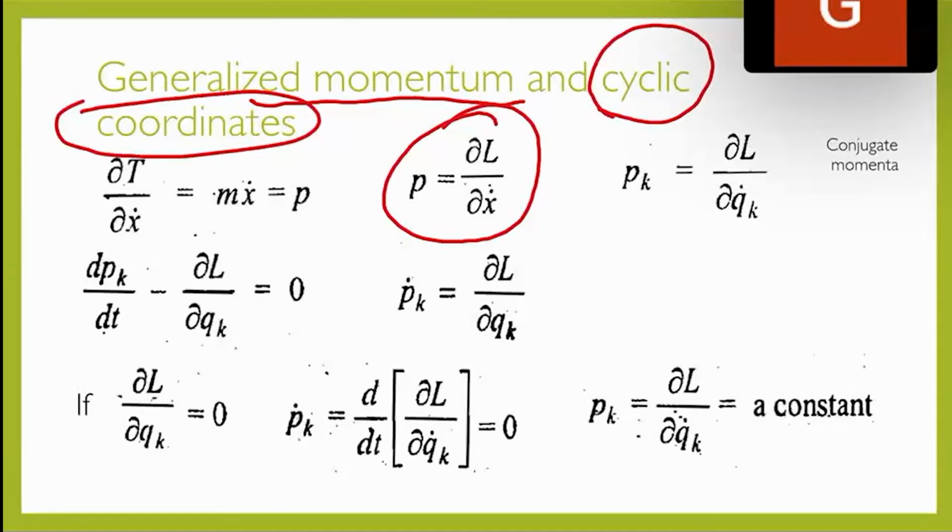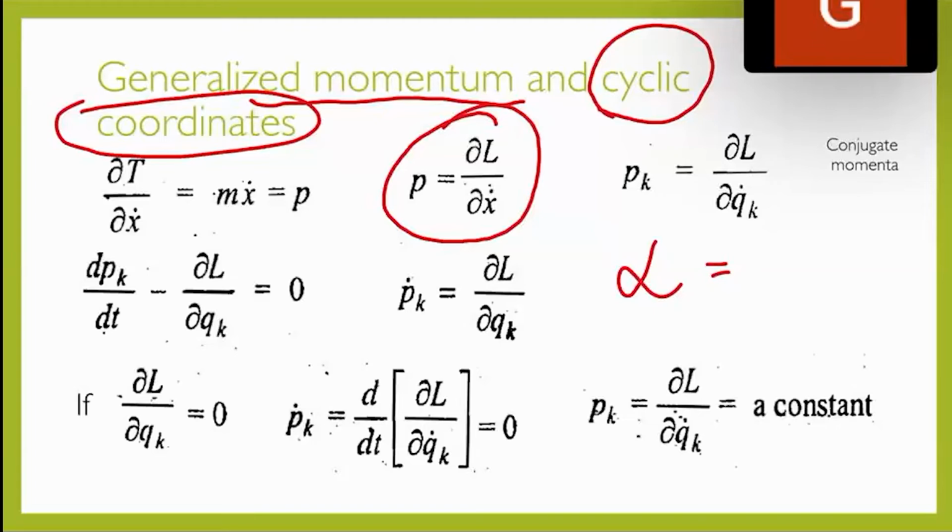What do you understand by a cyclic coordinate? A cyclic coordinate is a generalized coordinate which is absent in the Lagrangian. Whatever Lagrangian I'm talking about, if a generalized coordinate is absent, then that coordinate is known as a cyclic coordinate, also known as an ignorable coordinate.